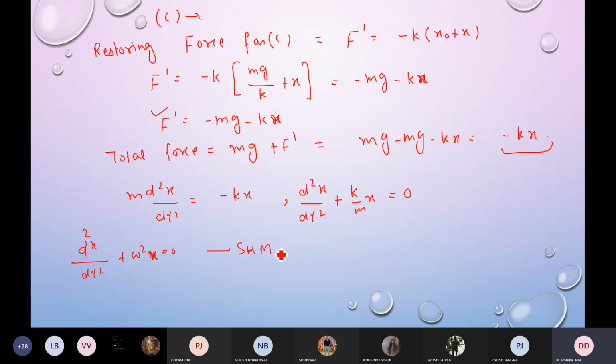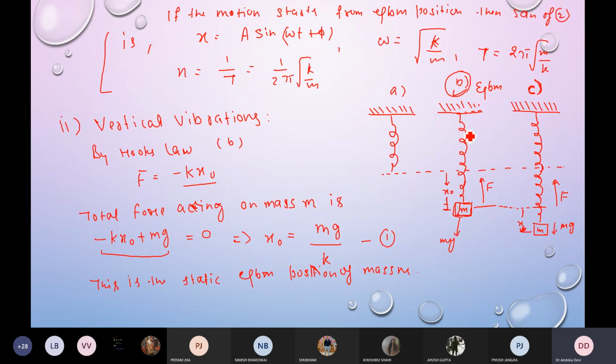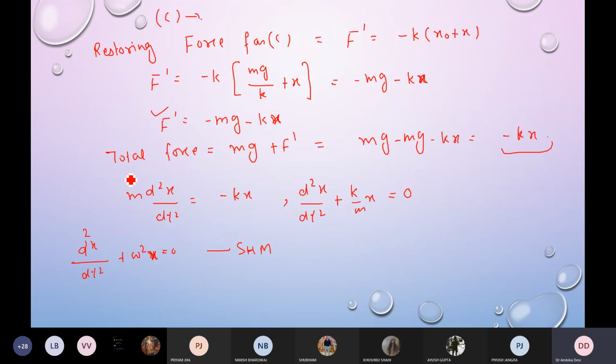So what does it mean? We can say that this system where the mass is hanging from the spring vertically, when it is set into oscillation, possesses simple harmonic motion, right? And for this simple harmonic motion, the time period will be T is equal to 2 pi upon omega, which is equal to 2 pi under root of m upon k, because omega square is equal to k upon m.